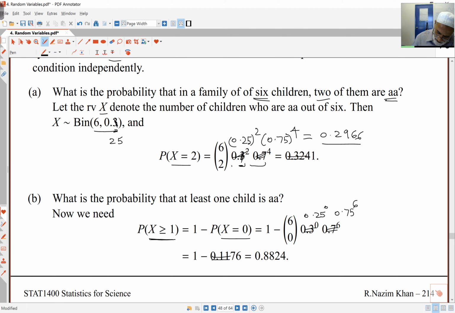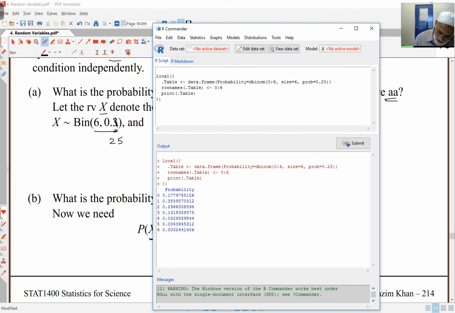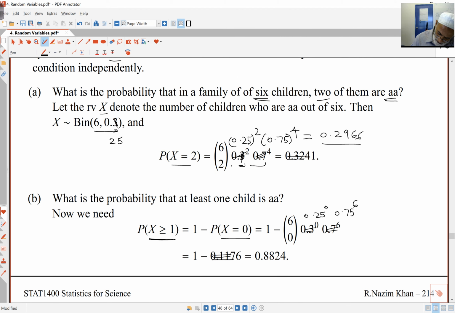And so that's 1 minus, let me look at R again. So this was probability of 0. 0 was 0.17797. That's 0.1780 when rounded. And that's going to be 0.8220.